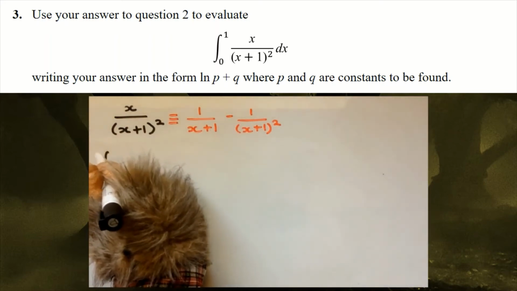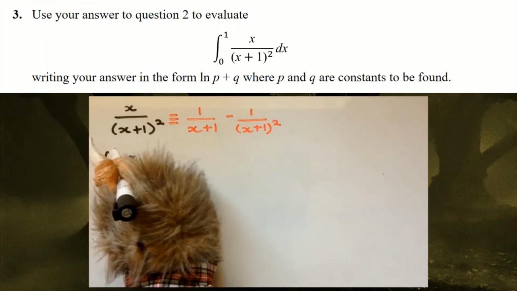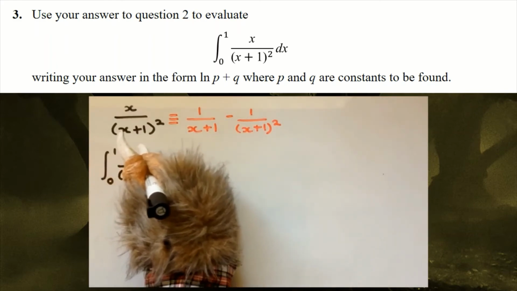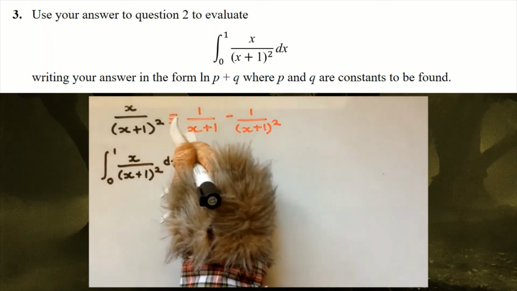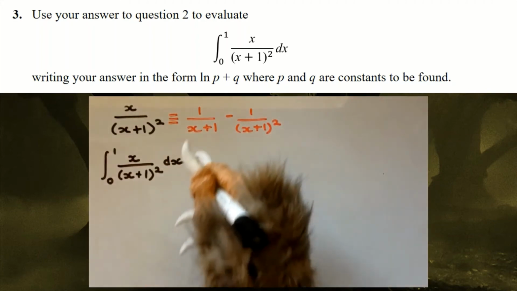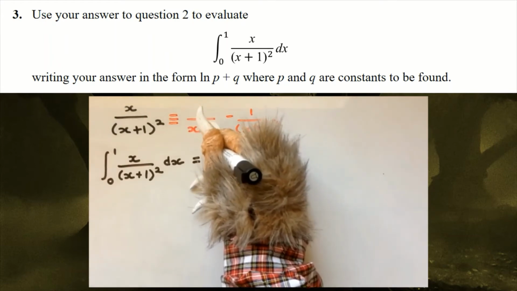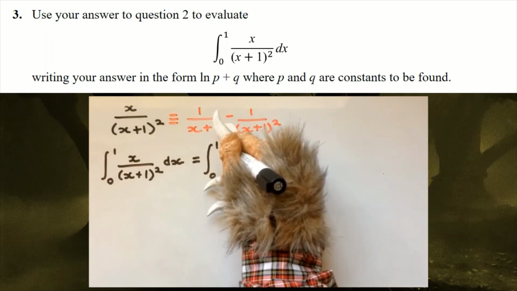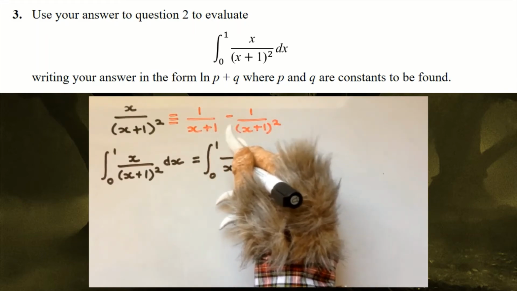The integral from 0 to 1 of x over (x plus 1) squared dx must be the same as, because we've just found an identity, of course, the integral from 0 to 1 of 1 over x plus 1.